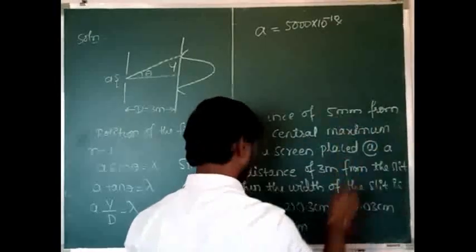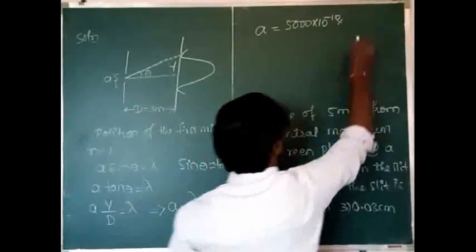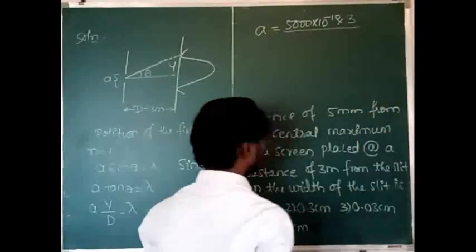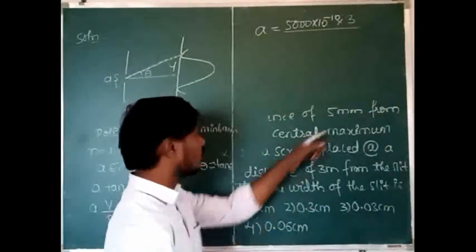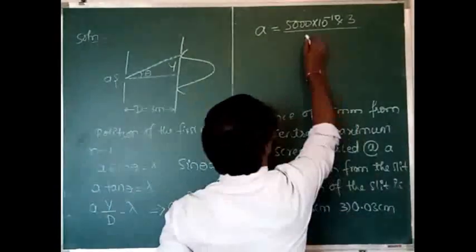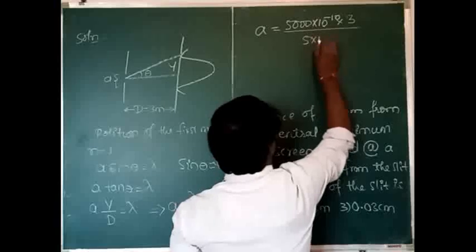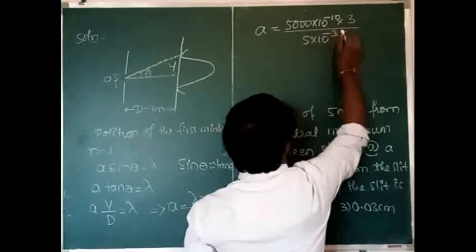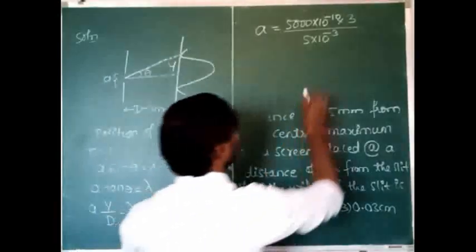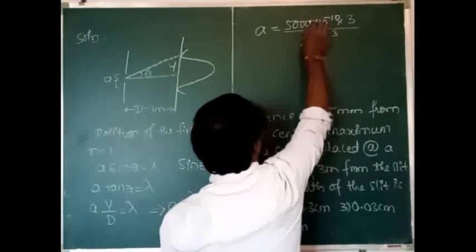Then what about D? D is nothing but 3, divided by the distance of the first minimum from the central maximum. That is 5 millimeter, that is 5 into 10 to the power of minus 3. Millimeter to meter, that is 10 to the power of minus 3 meter. Okay, so 5 ones are 5000.